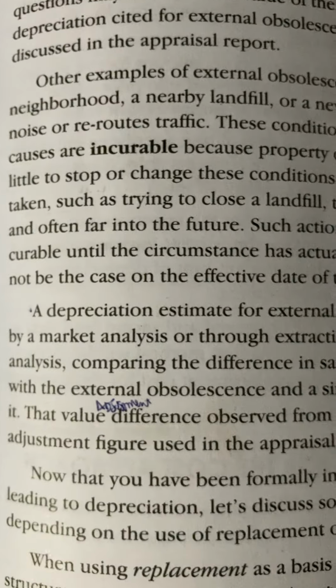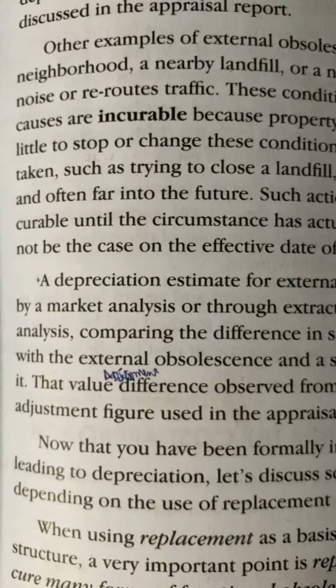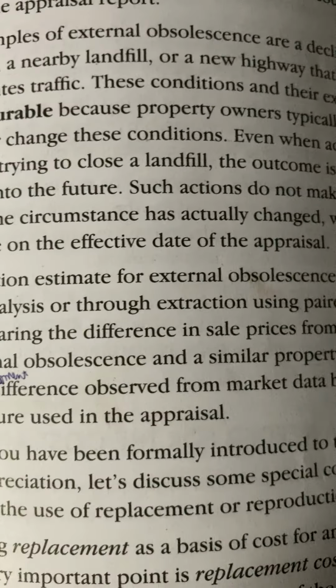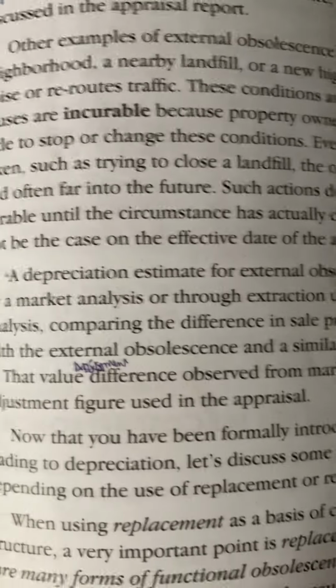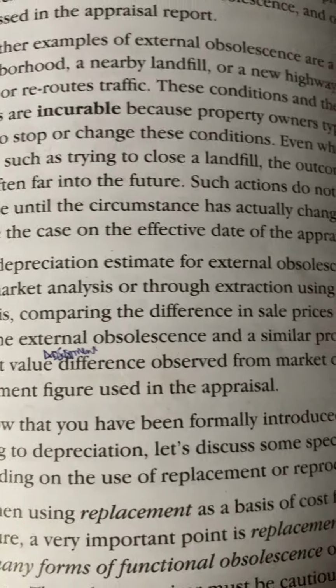Even when action can be taken, such as trying to close a landfill, the outcome is uncertain and often far into the future. Such actions do not make something curable until the circumstance has actually changed, which would not be the case on the effective date of the appraisal.